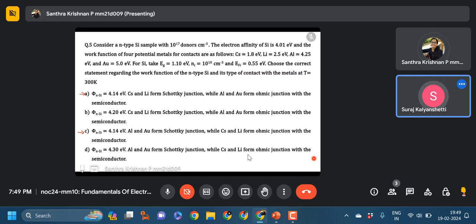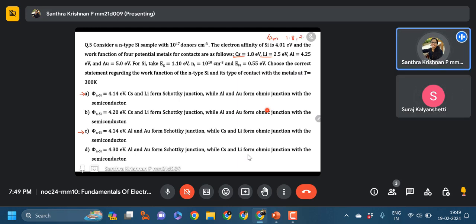Phi m, cesium or lithium, whatever they are giving, is the phi m. That is less, no? 1.8 or 2.5 is less than 4.14. Now is it Schottky or ohmic when it is lesser?